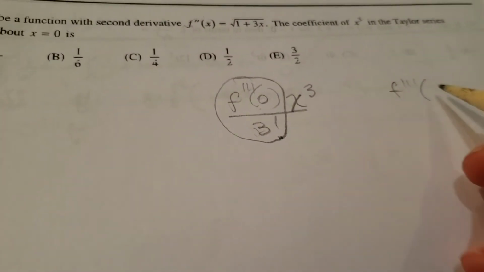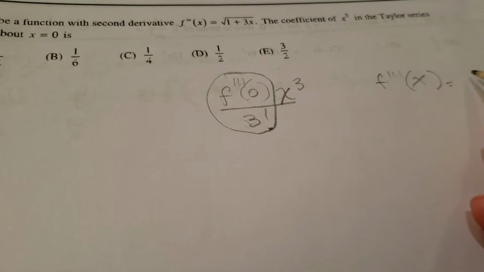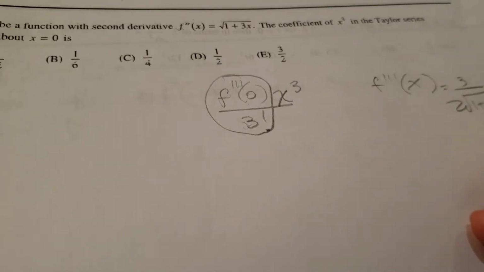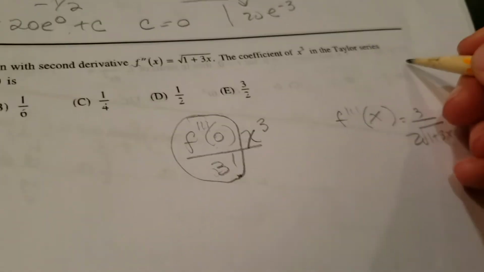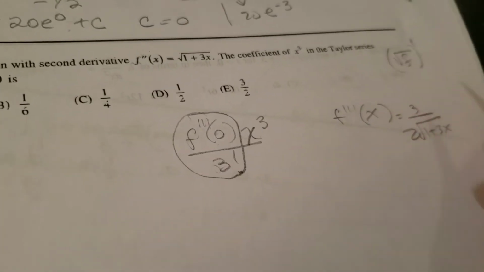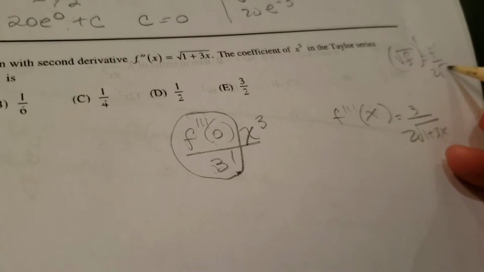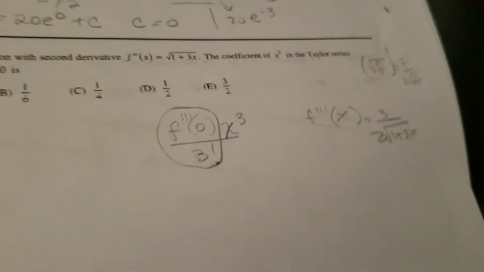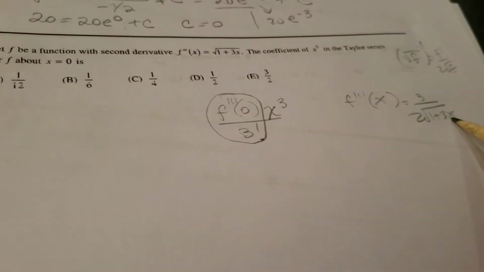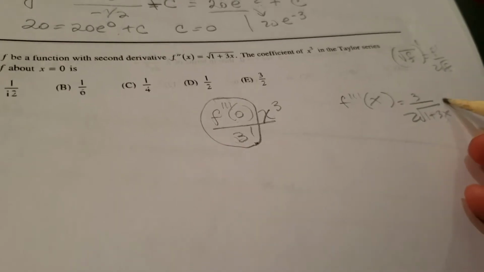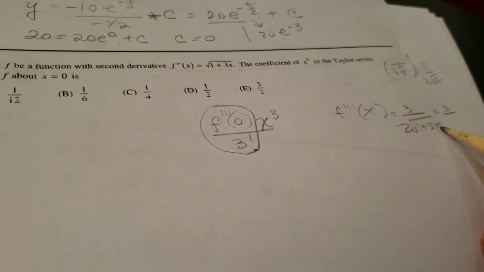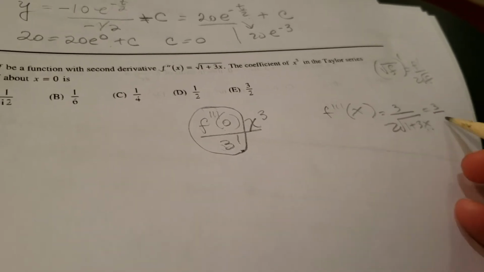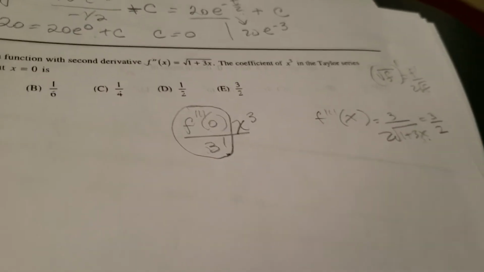So f triple prime is 3 over 2, 1 plus 3x. Remember, I'm invoking the shortcut here. The derivative of this is f prime over 2 square root of f. And when x is 0, I'm getting 3 over 2.